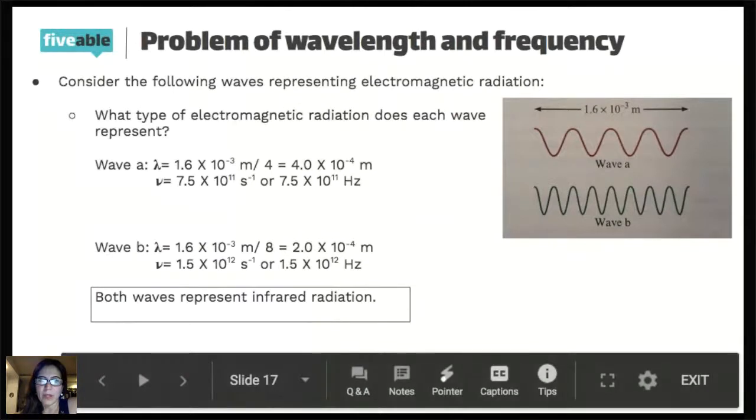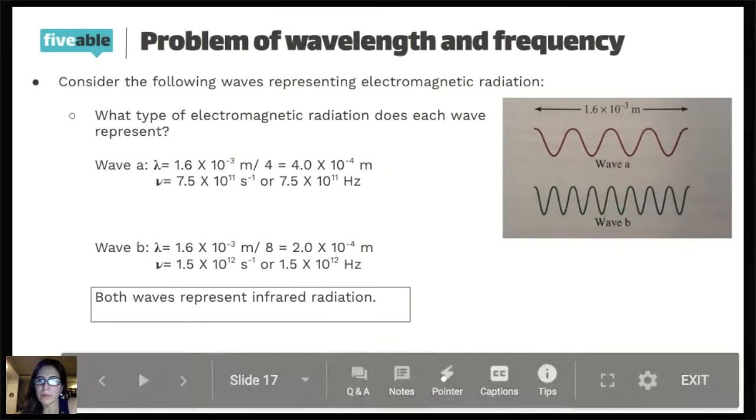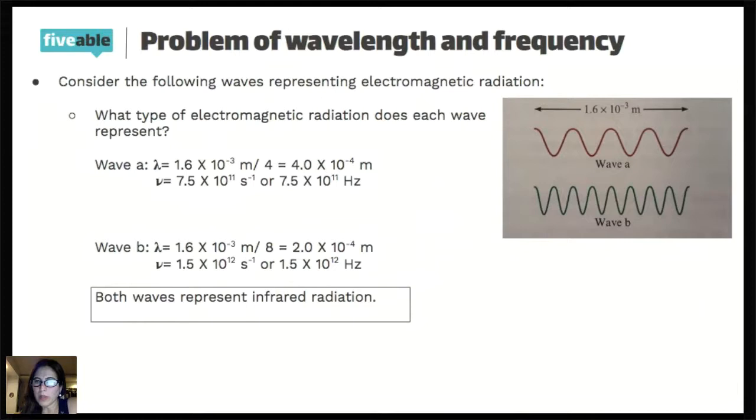Why did we choose infrared? Yes, because of these values. Let's check the wavelength. The wavelength is on the order of 10 to the negative 4 meters.